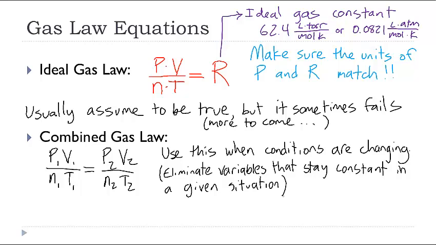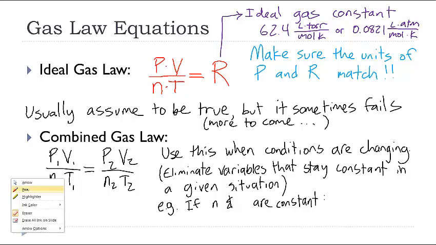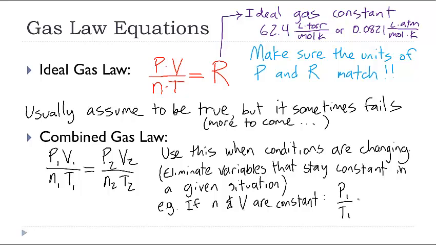Let's say number of moles and the volume are constant, then it becomes a simpler equation. If n and v are constant, then we get just P1 over T1 equals P2 over T2.